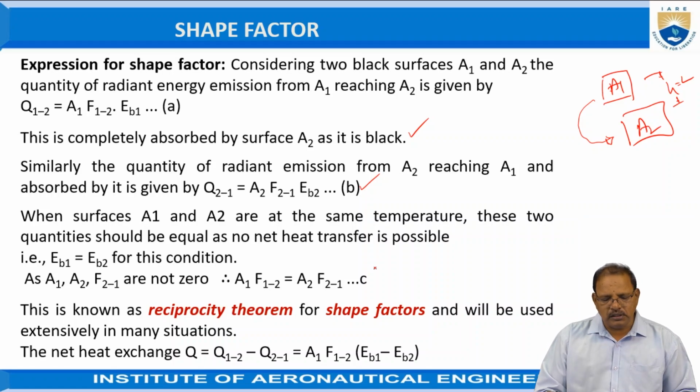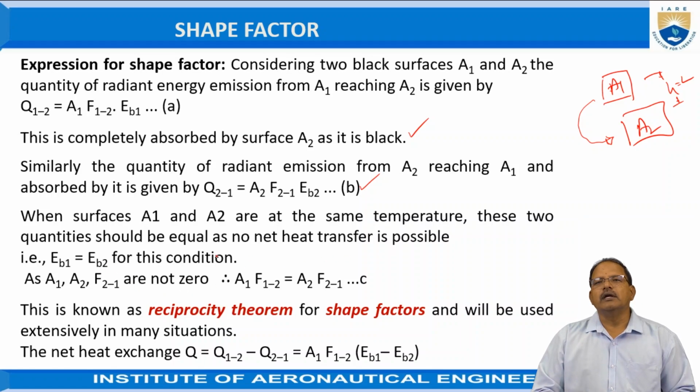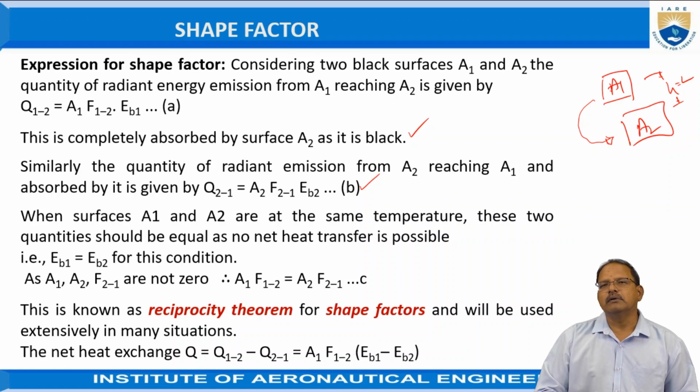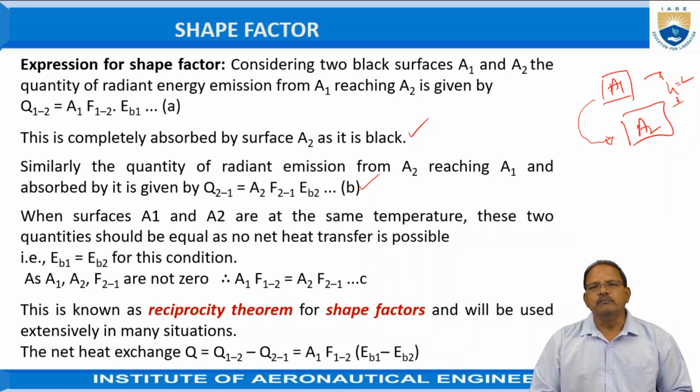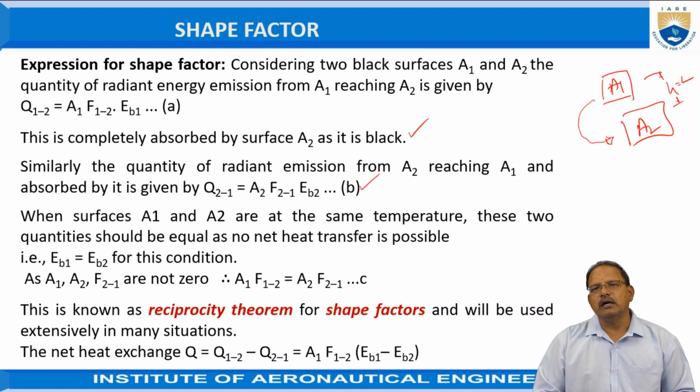Since the surfaces A1 and A2 are at the same temperature, these two quantities should be equal as no heat transfer is possible. That is, EB1 is equal to EB2. This is the energy emitted by the first black body and the second body; both are equal because both are black bodies at the same temperature.